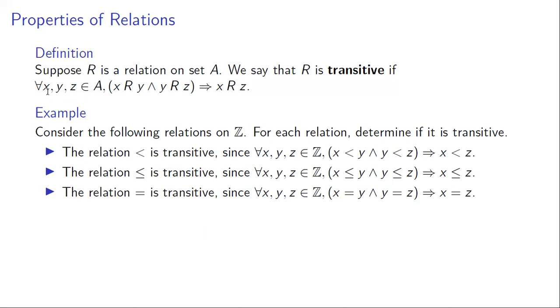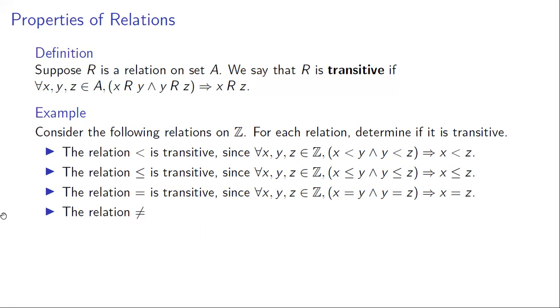This test says for every integer, if x is related to y and y is related to z, so if x equals y and y equals z, then x is related to z, meaning x is equal to z. And that is true in the case of this relation. So therefore, this relation is transitive.